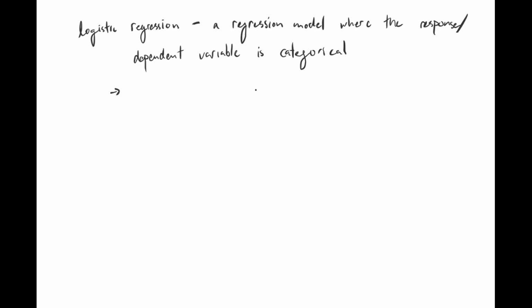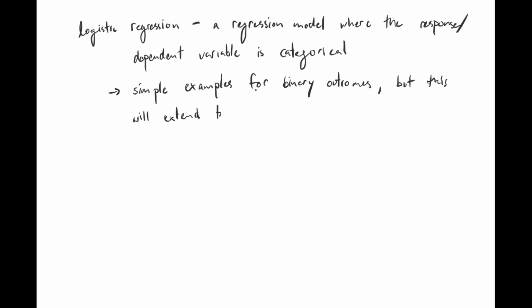And we're going to start with simple examples for binary outcomes. But this will extend to multiple outcomes. And that type of model is known as a multinomial logistic regression.